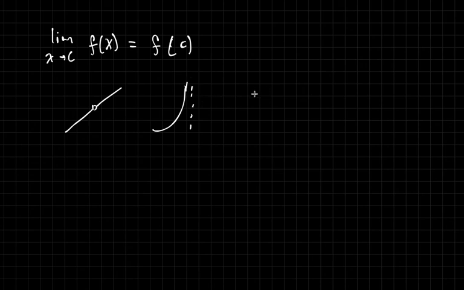Or there's even something called oscillating functions. So they're like this at first, and then they get very, very close together. So this would be c, and there wouldn't be an input value. This would be undefined as well.